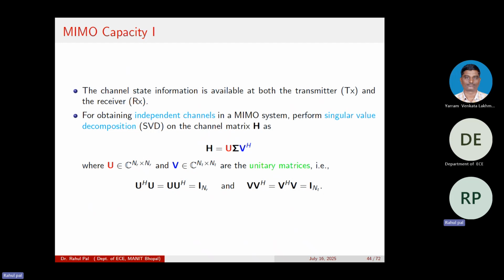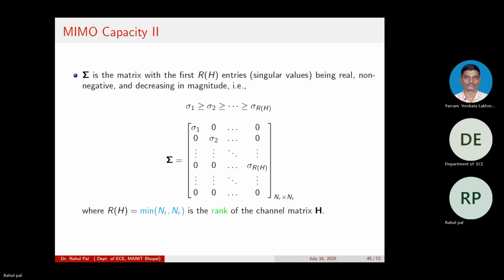Now, to see the capability of the MIMO system and spatial multiplexing, we need to decompose the channel matrix into different matrices. This channel matrix H can be written as U sigma V Hermitian. U and V are unitary matrices, so if you multiply with their Hermitian, it gives an identity matrix, same for the V matrix.